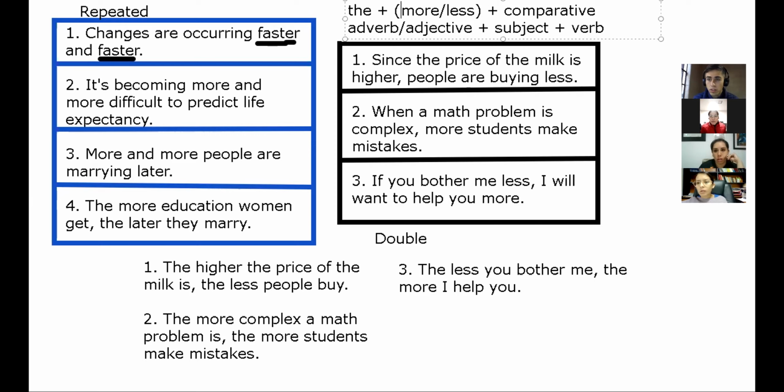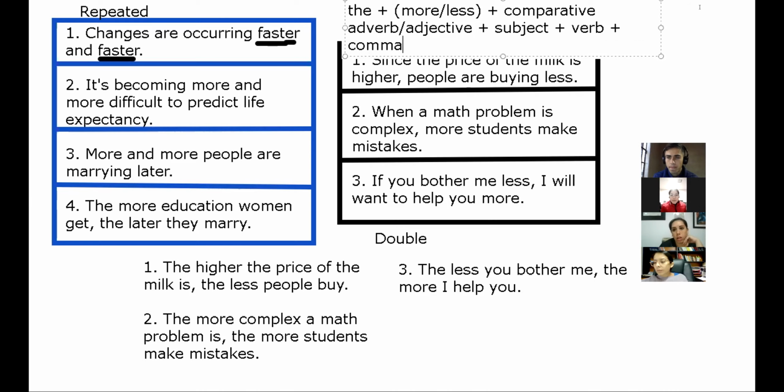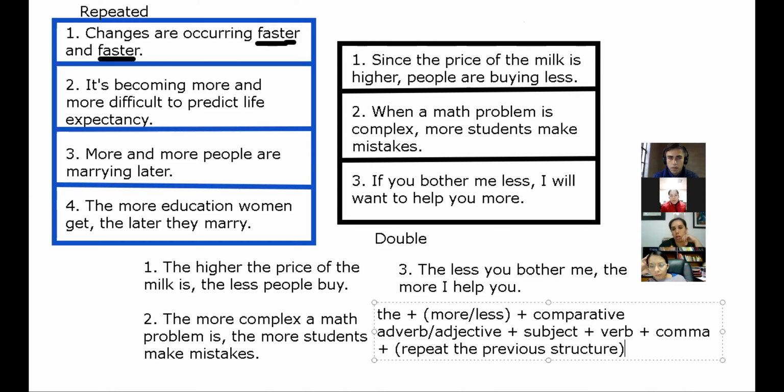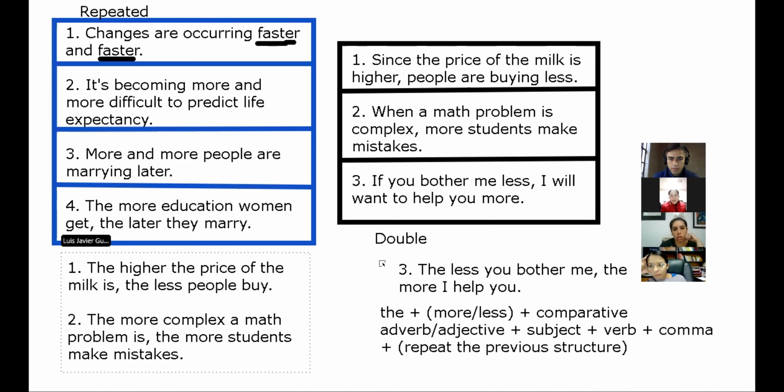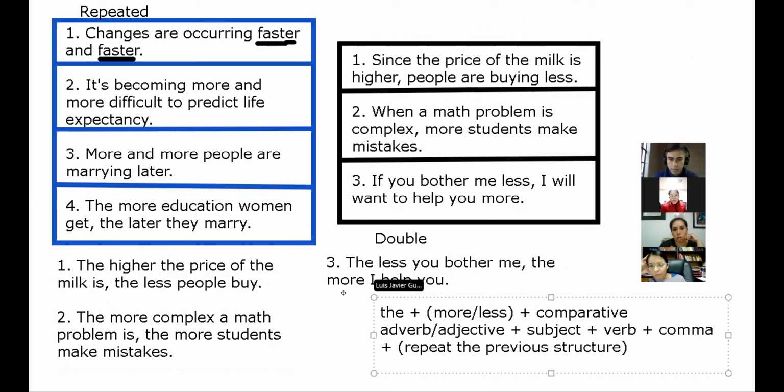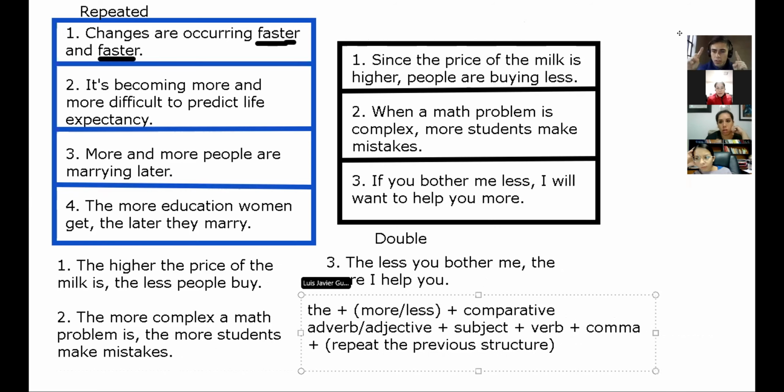I'm going to put this in parentheses, then comma, and the same structure. The structure repeats. I put in parentheses more and less because remember that sometimes you will use more if the adjective is long. If it's not long, then omit more and add the comparative form.